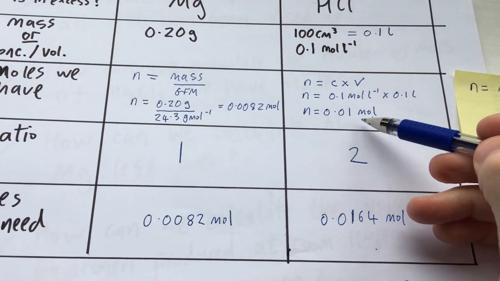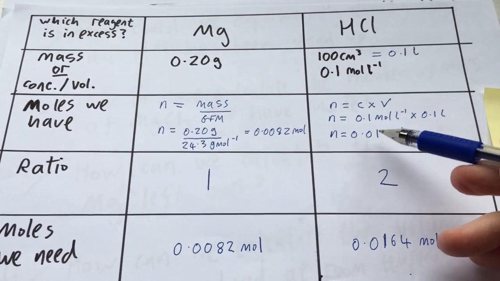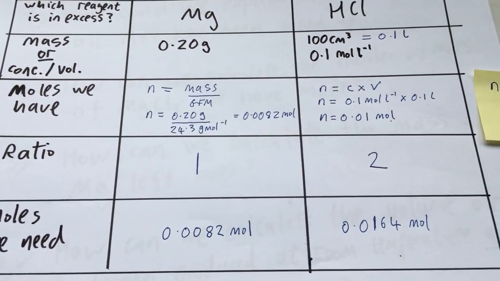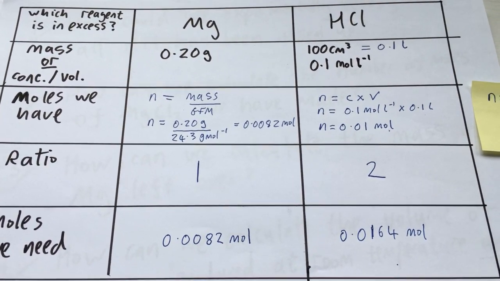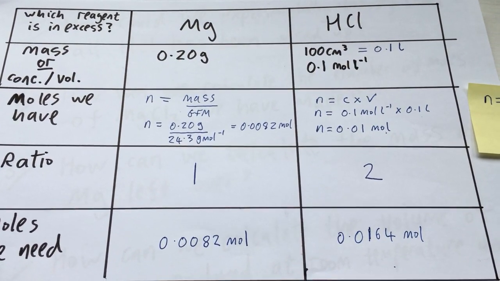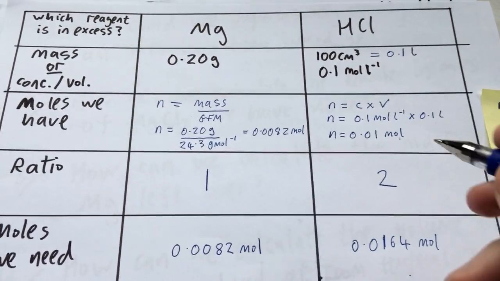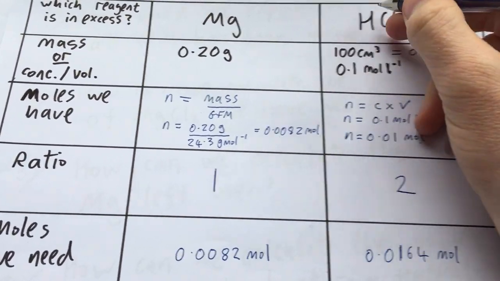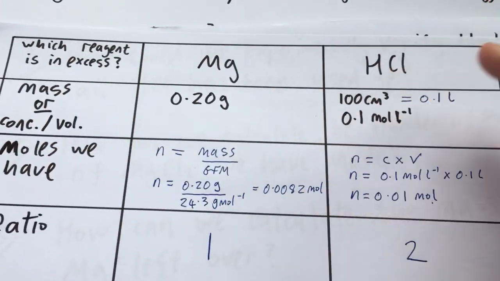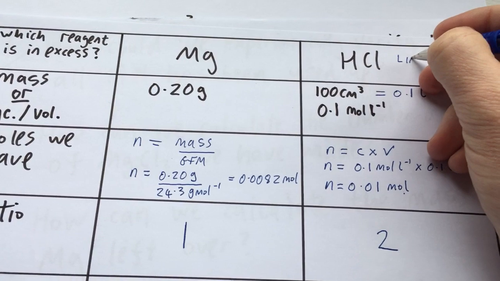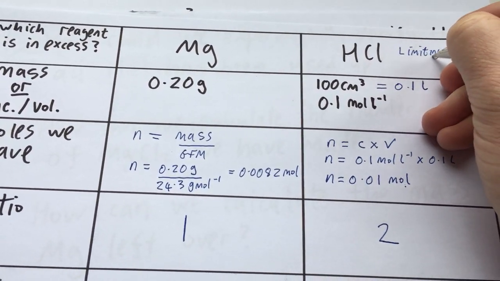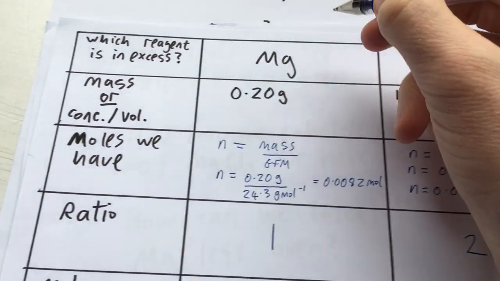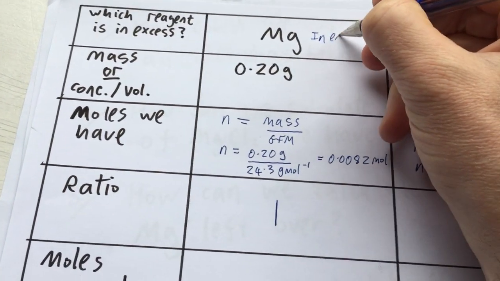There's much less hydrochloric acid in that volume and concentration than we need, so all of it is going to get used up. That tells us that the hydrochloric acid is the limiting reagent, and the magnesium is in excess.